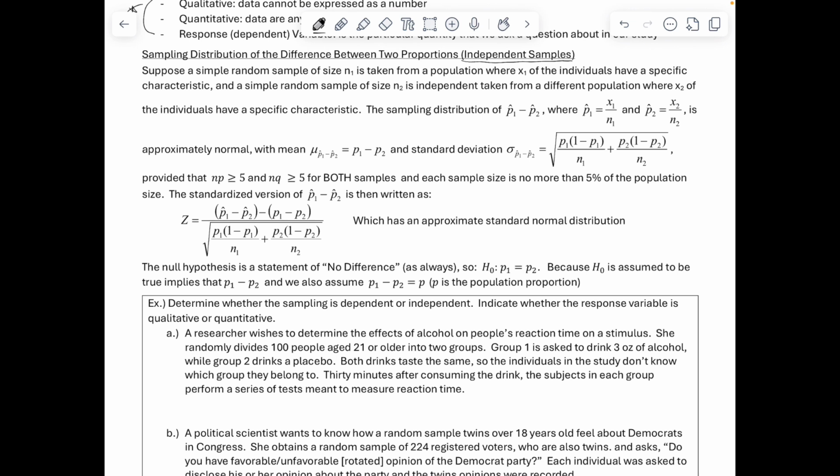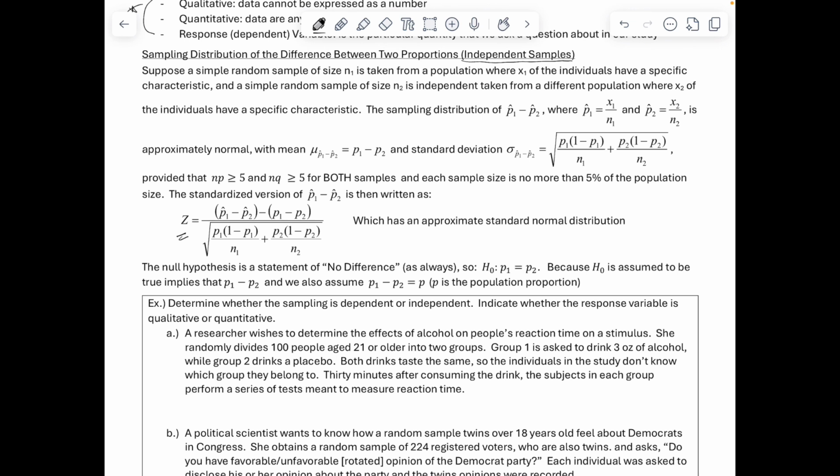The standardized version of p1 hat minus p2 hat is then written as, and you'll notice that we are using a z-test statistic here, which is given by the same thing we have seen before: x minus x bar divided by our standard deviation, which has an approximate standard normal distribution.